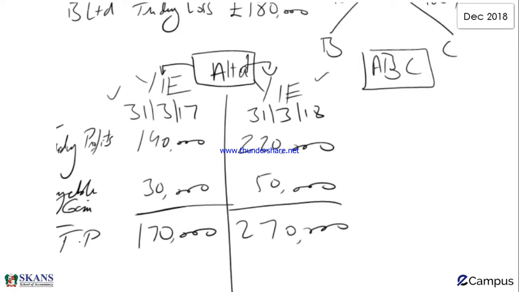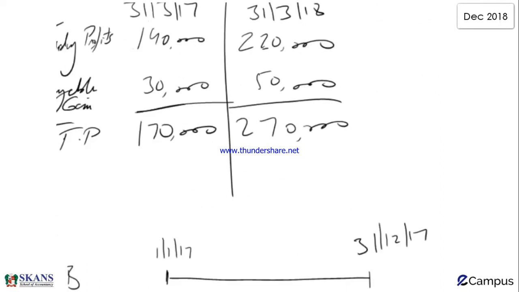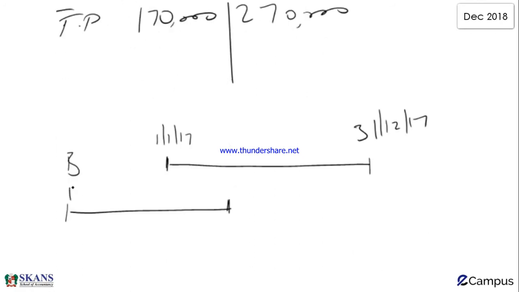So how many months would you be incorporating in the year ending 31st March 17? Well, obviously, it will be from 1st April 2016 to 31st March 2017. Yes, there will be 3 months matching.